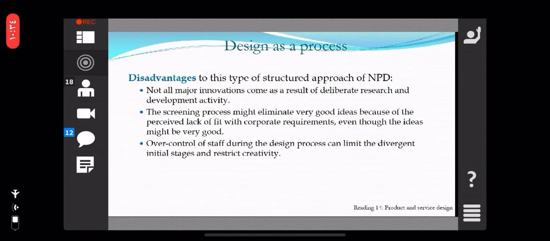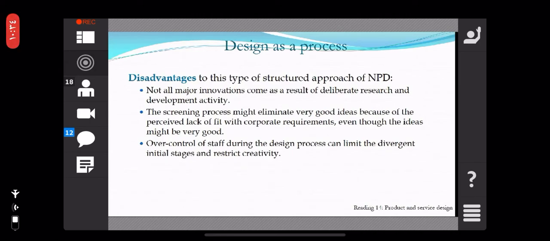For example, this idea is great, but we cannot adopt it because we have to work within our organizations, and we have certain rules and regulations. Due to following the rules and regulations, we cannot adopt this procedure or process.